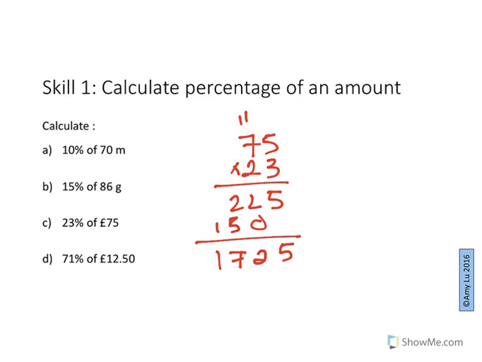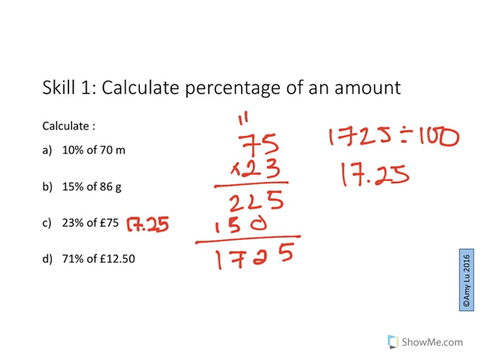It's 1,725 divided by 100, which will basically make 17.25. So 17.25 pounds.